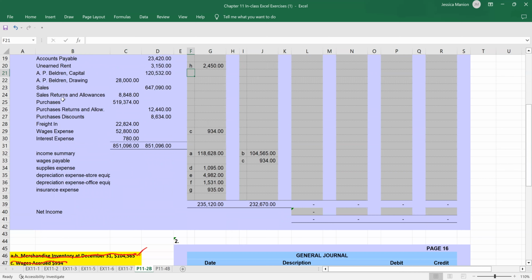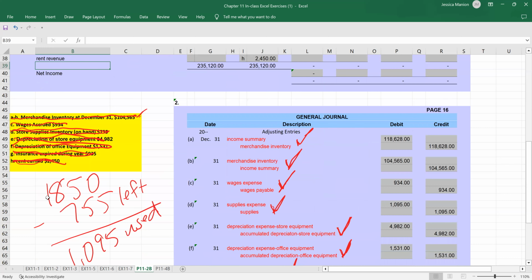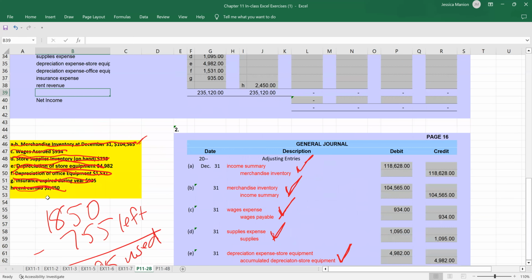We do not, however, have that rent revenue account already. Here's our sales revenue. So we just need to type it in, rent revenue. This is letter H, 2,450. Okay. So now we've got all of our adjusting entries posted to the worksheet.